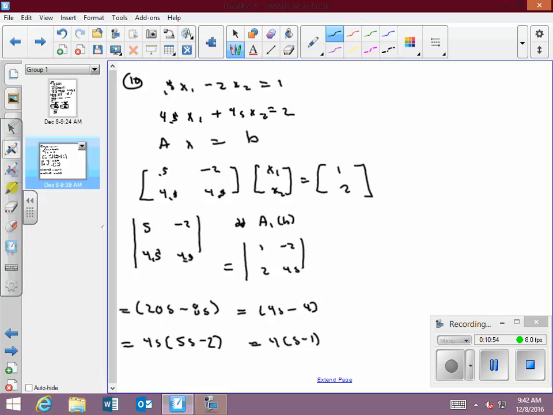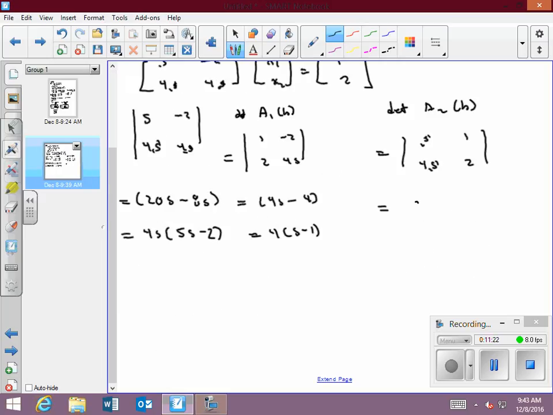And then the determinant of A2(b) is the determinant of s, 4s, and then put the 1, 2 in place of the second column.